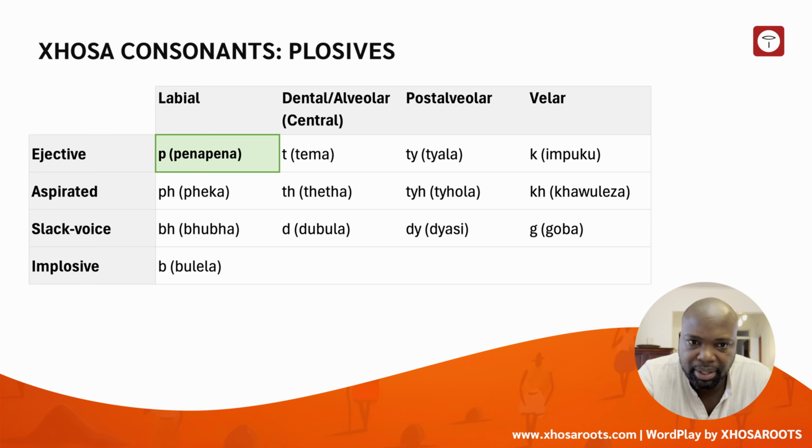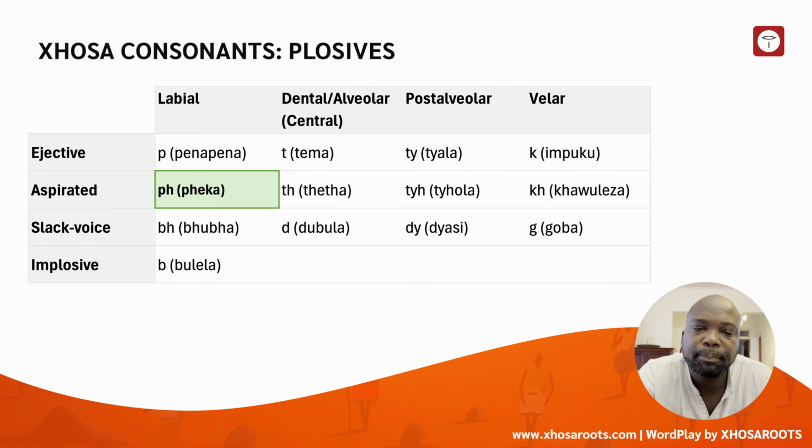So it's pa, an ejective. And then the aspirated version, pha, pheka, to cook. Rather, the instructive verb is pheka, cook, as an instruction.